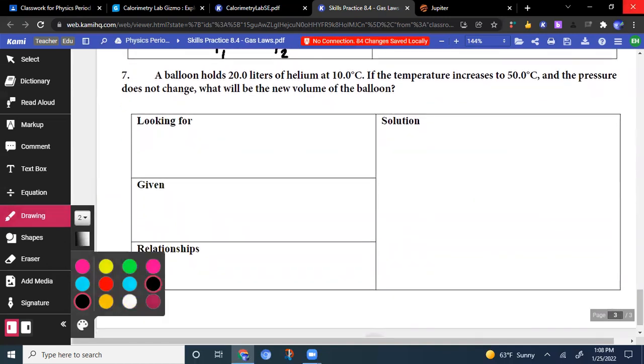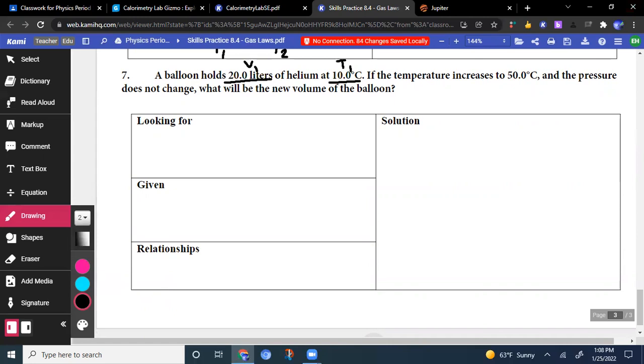And finally, a balloon holds 20 liters of helium, we'll call that V1, at 10 degrees Celsius, we'll call that T1. If the temperature increases to 50 degrees Celsius, we'll call that T2, and the pressure does not change, what will be the new volume? V2 is our unknown.